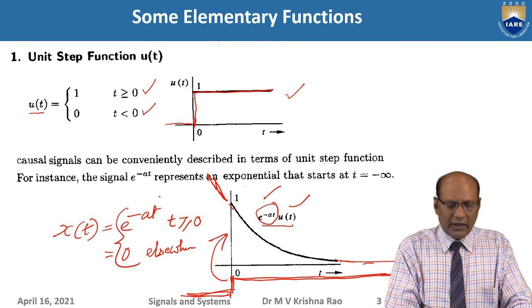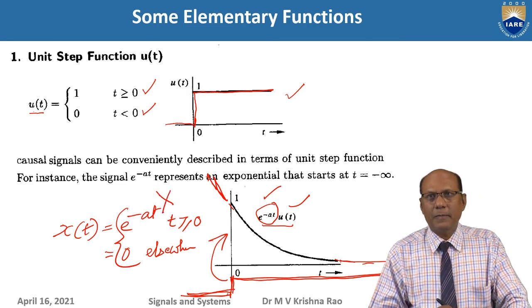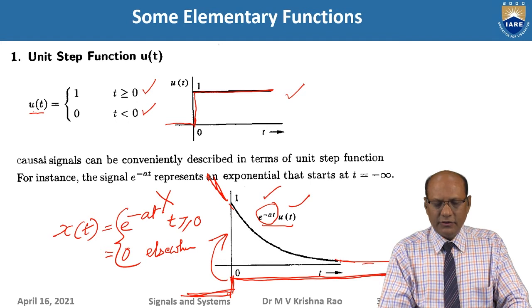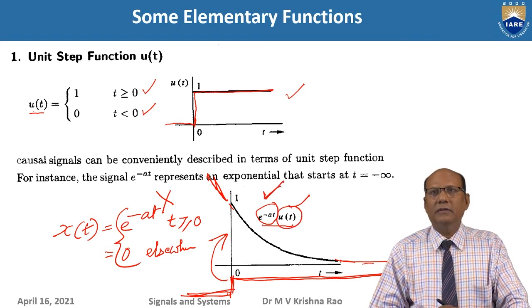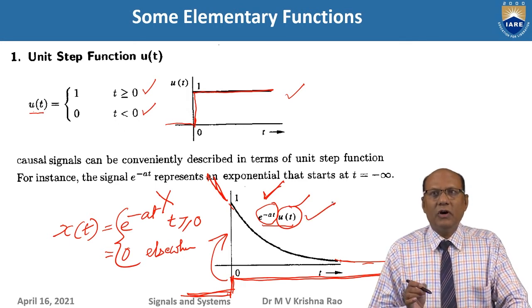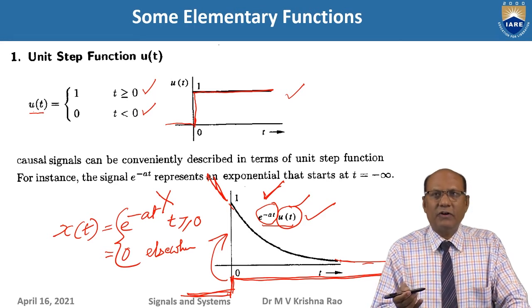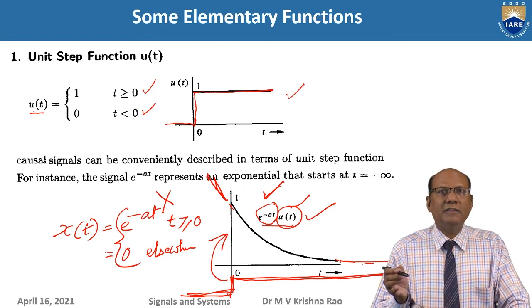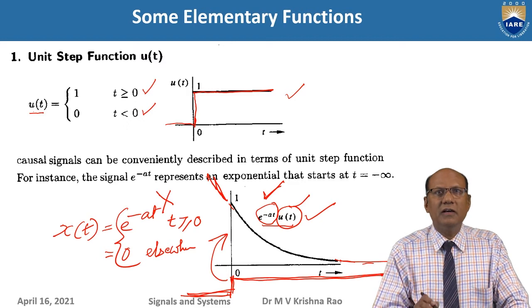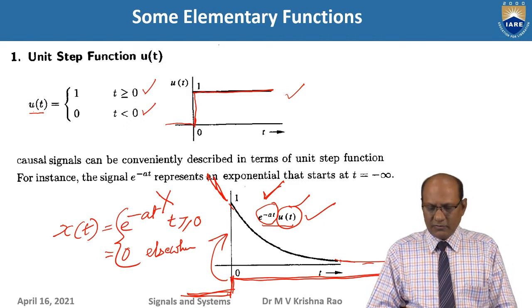If I want to avoid all these expressions, I can simply write e to the power of minus at multiplied by u of t. This is the compact representation of the signal. So by using the unit step function u of t, you can specify the time interval of the existence of the signal. That is the purpose of the unit step function basically.